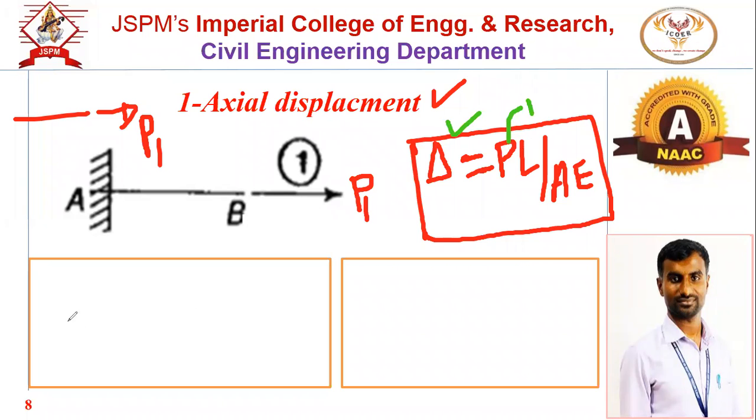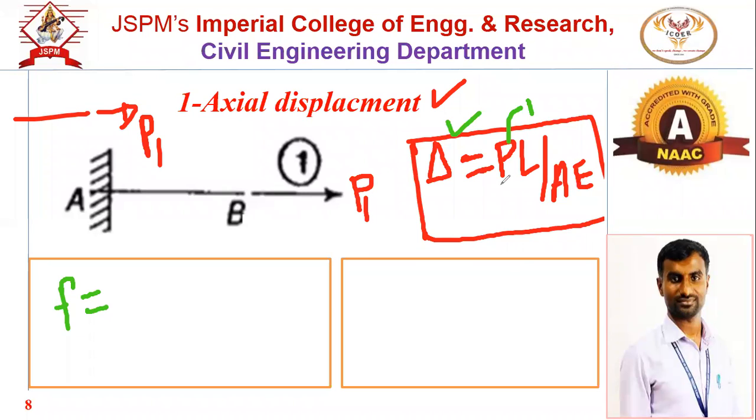Now tell me what is the axial flexibility here using that formula? Displacement due to the unit force. Delta is equal to axial displacement, given by the formula delta is equal to PL by AE.